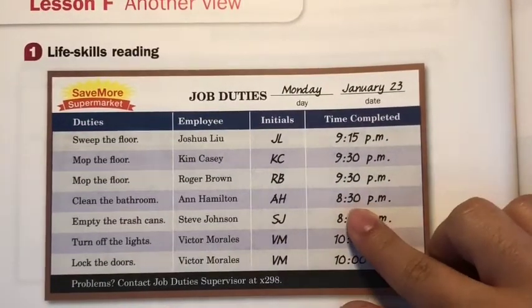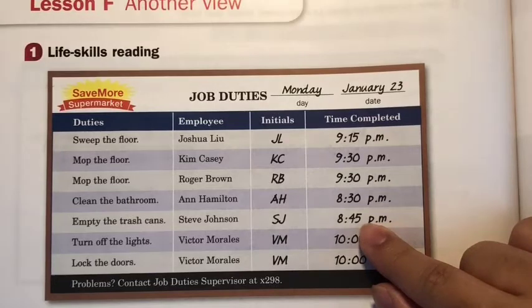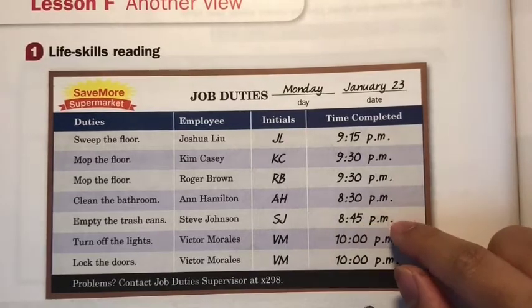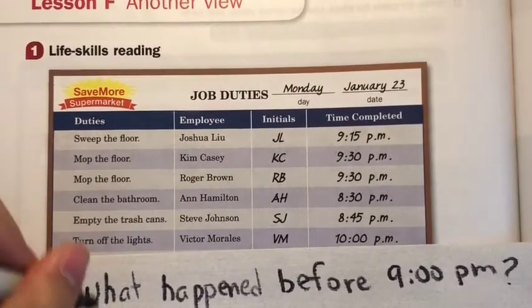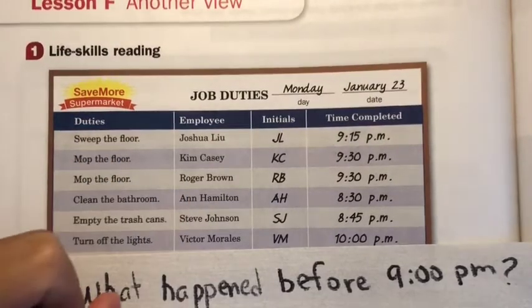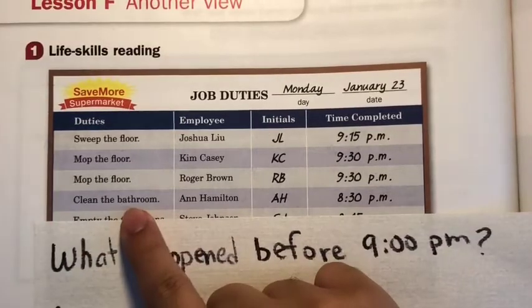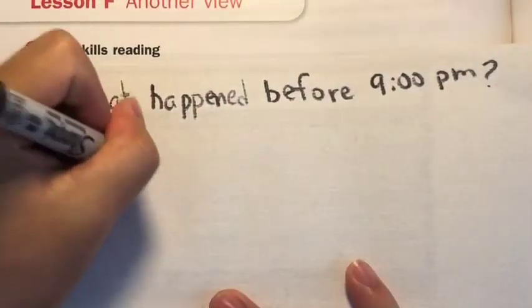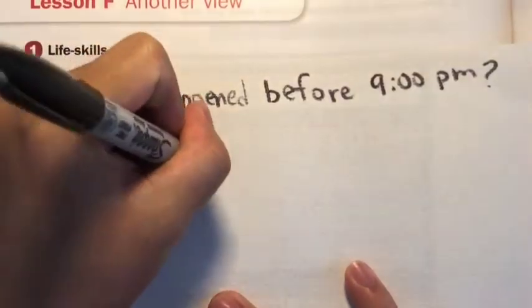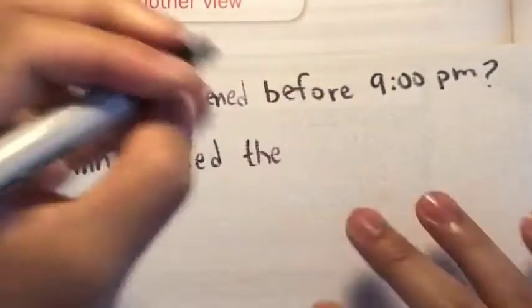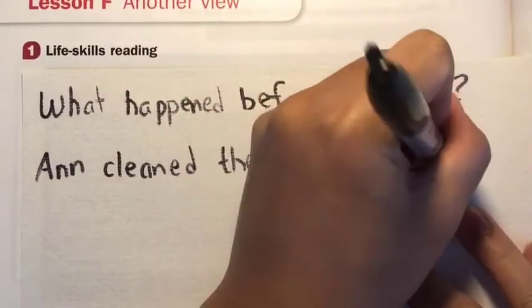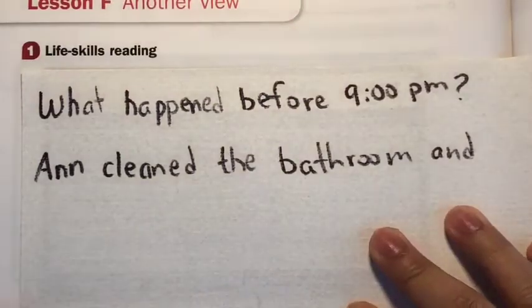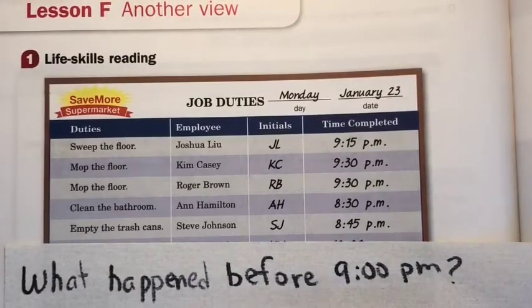So 8:30 p.m. and 8:45 p.m. are before 9 p.m. So there are two people. So I'm going to say Anne cleaned the bathroom. And Steve emptied the trash cans.